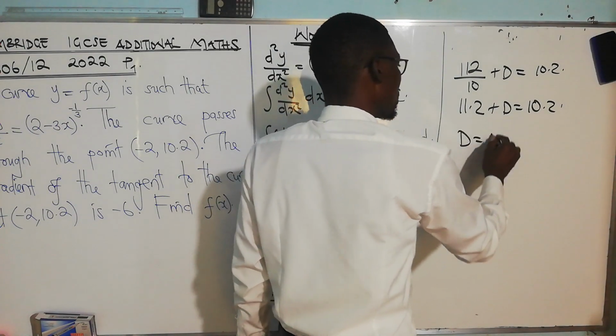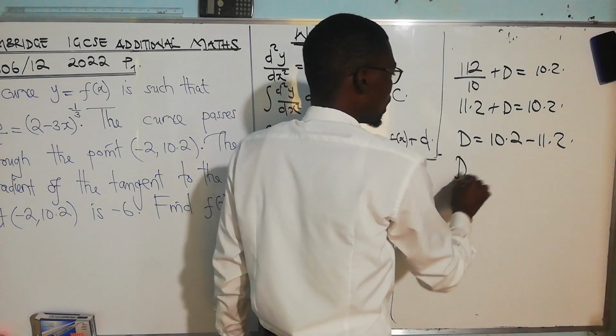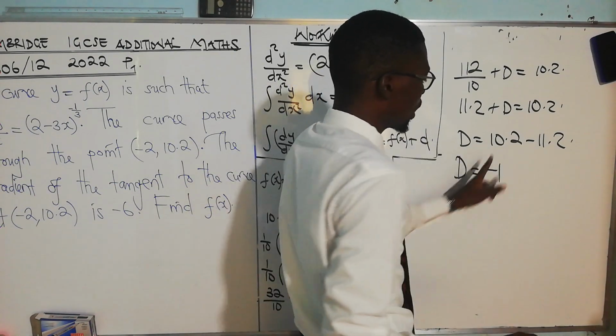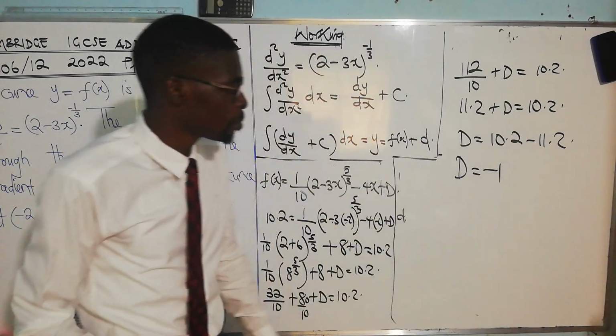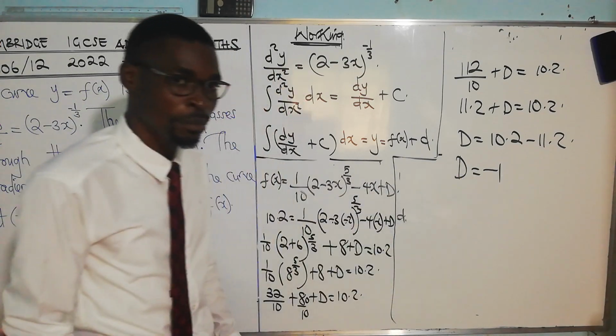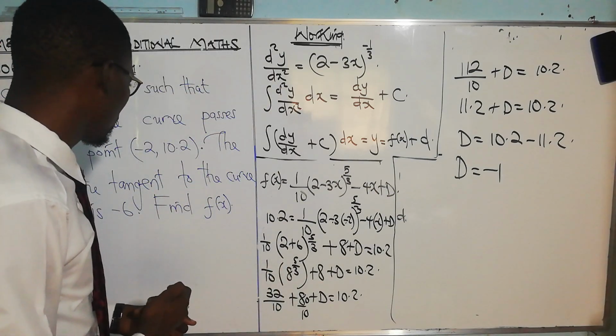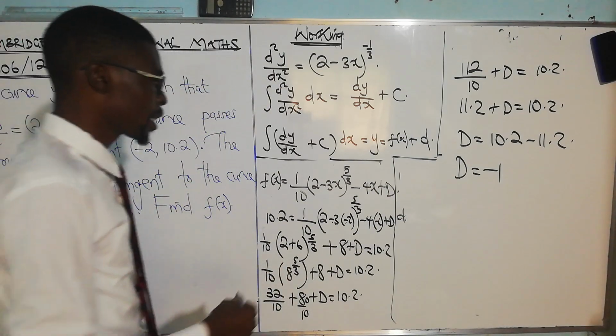Then d is going to be 10.2 minus 11.2, then d is going to be negative 1. Check that 10.2 minus 11.2 will give you negative 1. So we know that now d is negative 1. We can now write the equation of the function f of x.